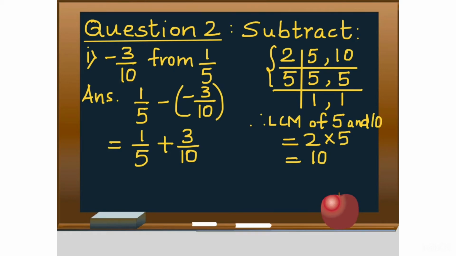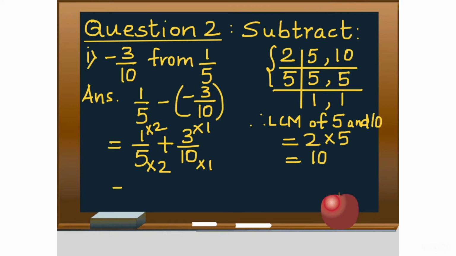Now, we will multiply the denominators with a suitable number to make it equal to 10. 5 we will multiply with 2 to get 10. The same 2 we will multiply even with the numerator. In the second rational number we already have 10. So we are going to multiply it with 1, even the numerator with 1.